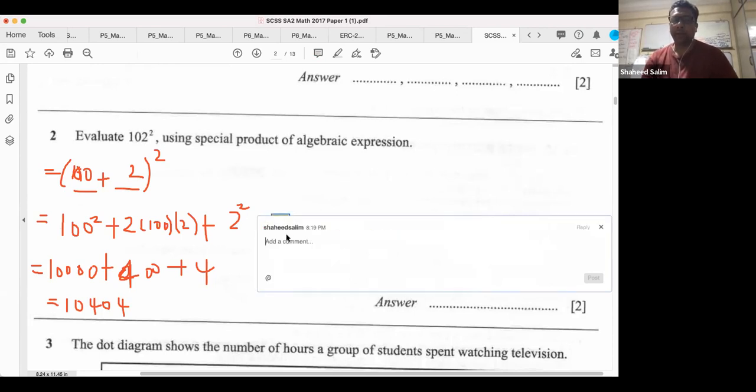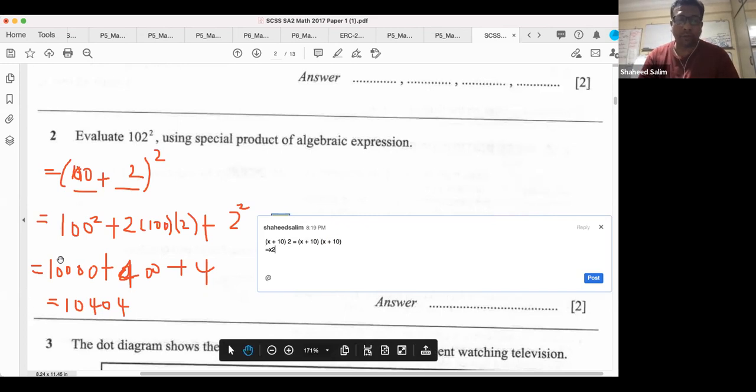Let's see now. I put x plus 10, all squared. This one squared equals x plus 10 times x plus 10. You see, once I go slow motion, you'll be able to get it now. x times x is x squared.